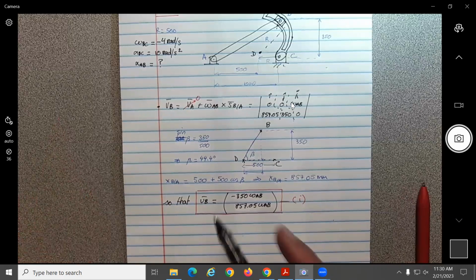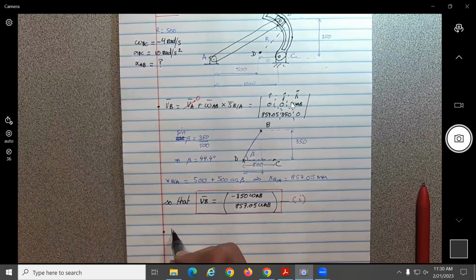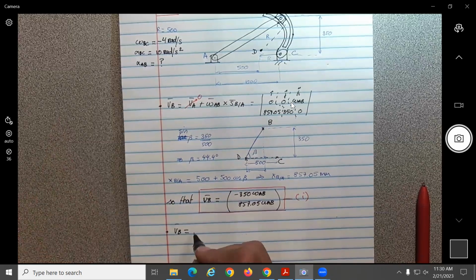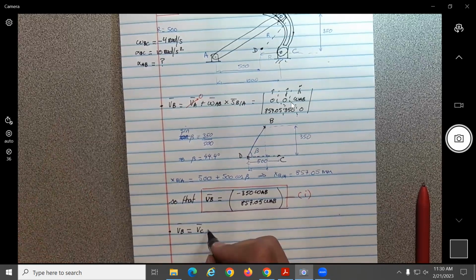Okay, so we got here the first one. Now we need to find the velocity of B from point C. So now, is that distance fixed? No, so that means we're gonna have the relative term.